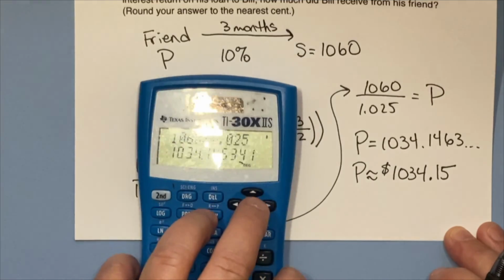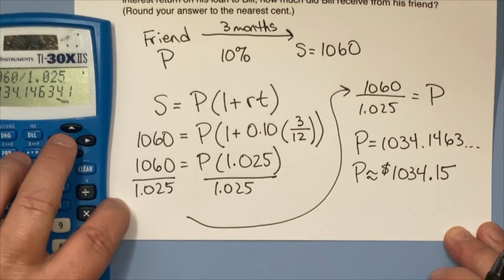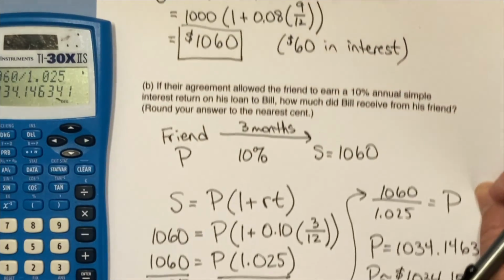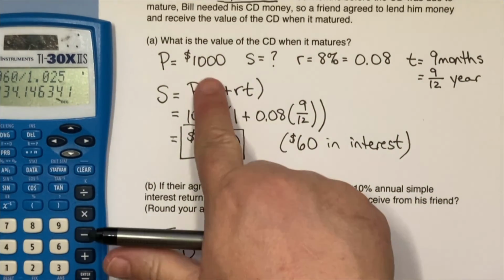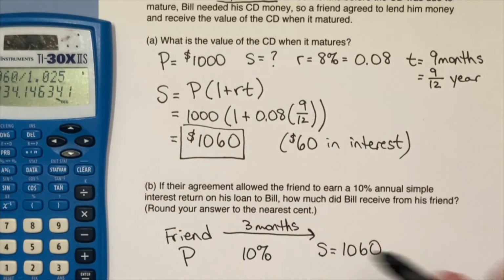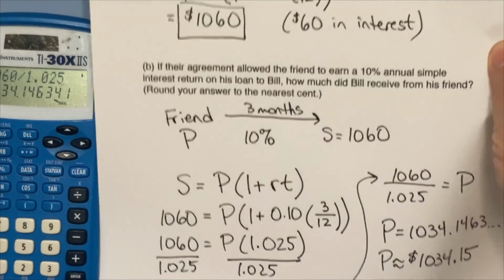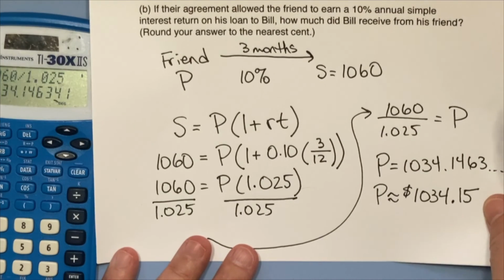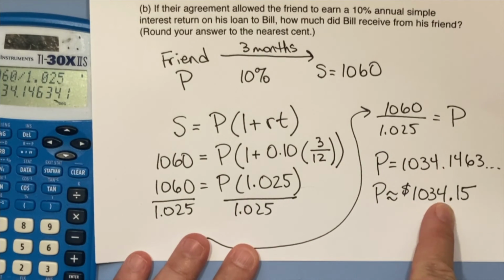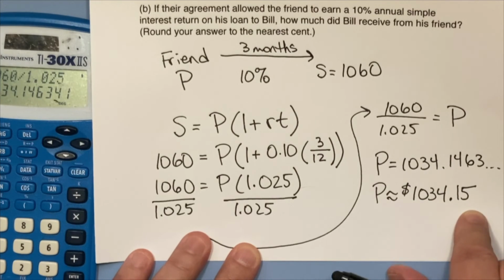So in other words, what this means is that Bill originally invested $1,000, was expecting to get $60 in interest, and then needed the money early. So the friend gave him 1,034.15. So Bill only earned $34.15.